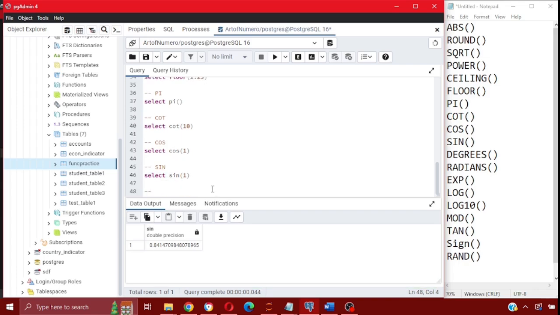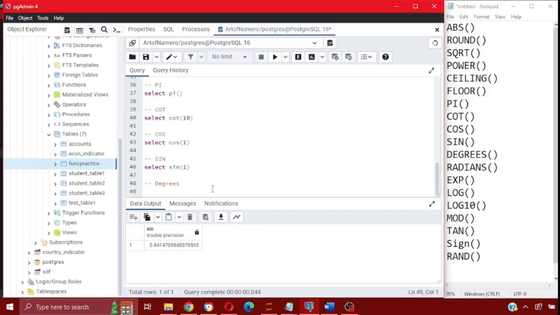I'm going to go a little bit fast because I think I'm running out of time. It's going to be degrees. Degrees is also something that needs to be discussed in the topic of radians, and how we can convert radians to degrees and degrees to radians. So degrees is pretty much converting a radian into degrees.